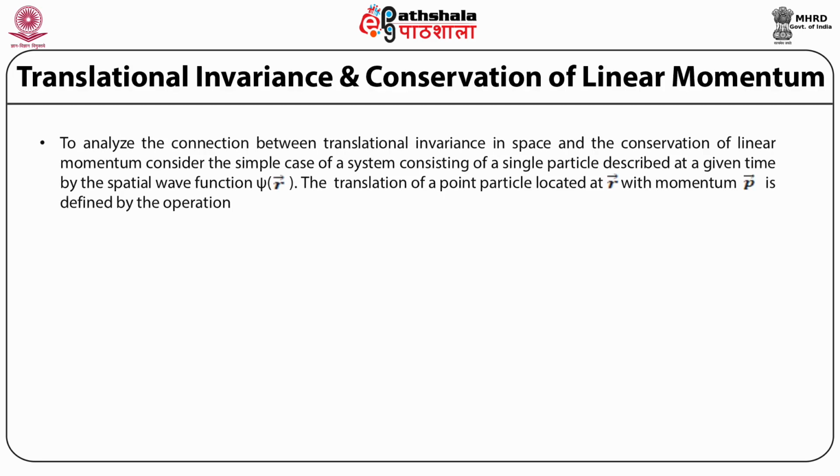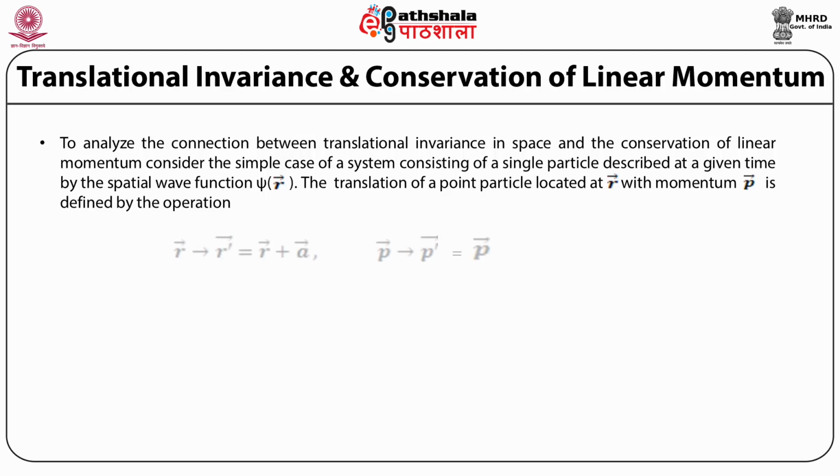In order to analyze the connection between translational invariance in space and the conservation of linear momentum, we can start by considering a system that consists of a single particle described at a given time by the spatial wave function psi as a function of position vector r. The translation of a point particle located at the position vector r with momentum vector p is defined by the following two equations.